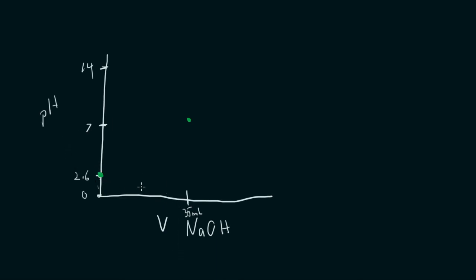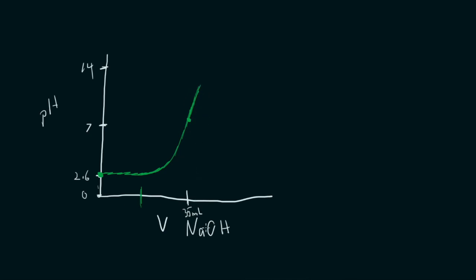We saw in our neutralization reactions that even at my halfway point, which would be right here, my pH barely goes up. And so when we draw a titration curve, it's going to be a pretty straight line, and then all of a sudden it's going to jump up. It's going to be moving very quickly up.